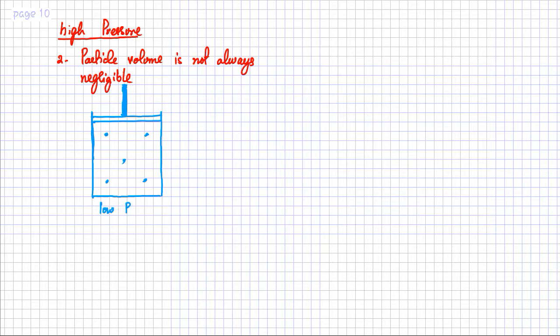Now the volume that is actually occupied by the gas, or the real volume, would be equal to the spaces, these white empty spaces in between, plus the volume of the particles.